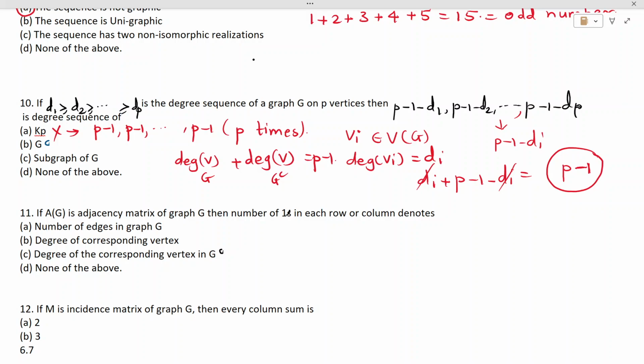And here we are getting the degree of Vi in graph G and the degree of Vi in this graph is P minus 1, in the graph with degree sequence P minus 1 minus D1 and so on, P minus 1 minus D3. It's P minus 1. So this is possible if and only if this is the degree sequence of graph G complement. So option B is the correct option.